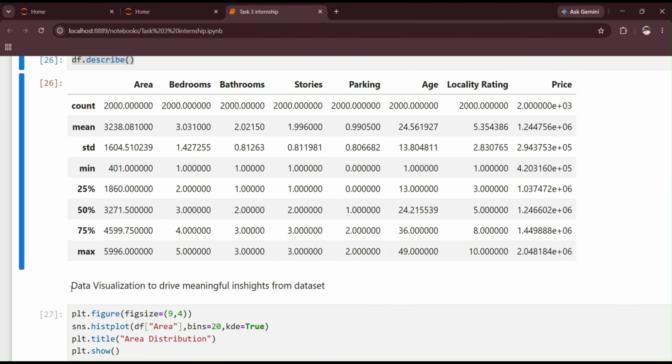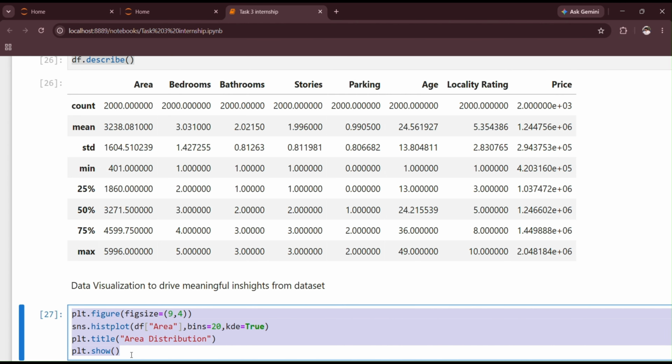Our first visualization is a histogram, which helps us understand how the values of a numerical column are distributed. Here we used plt.figure with figsize equals to (9, 4), which sets the size of our graph.